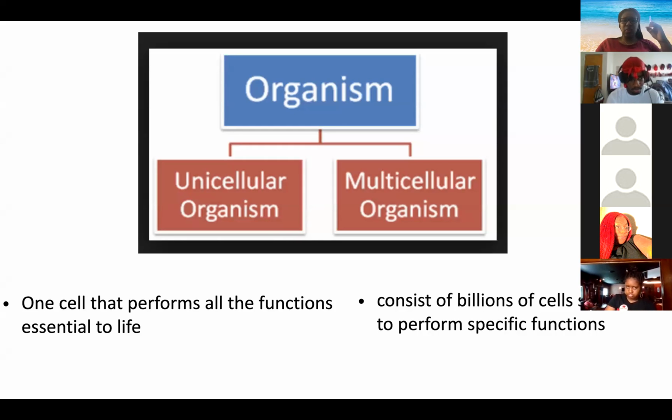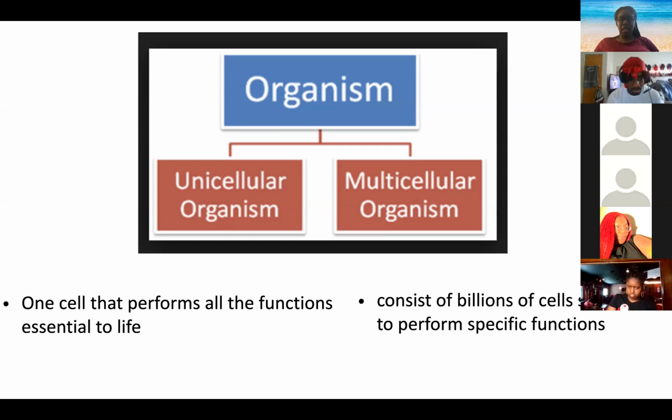It only contains one cell. Remember we talked about cellular organization being one of the requirements for life. That just means that all living things are going to be made up of cells. And so in this case, we can further categorize this organism as being either unicellular, meaning it only contains one cell that can carry out all of the functions that are essential for life, or it can be made up of many, many, many cells.